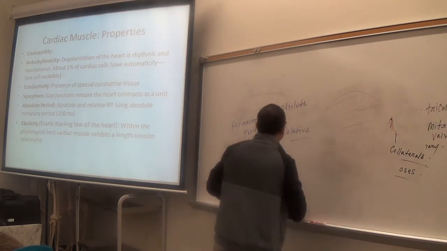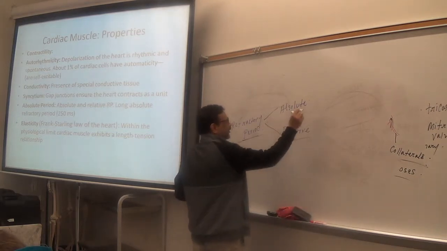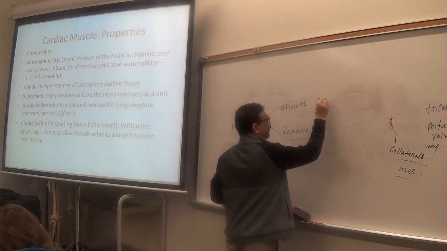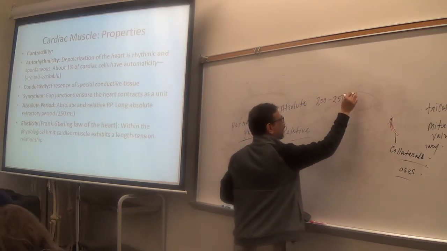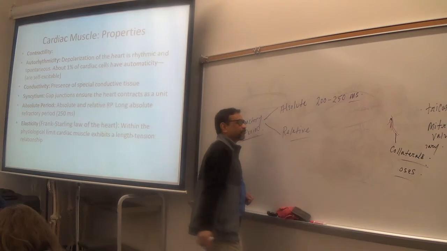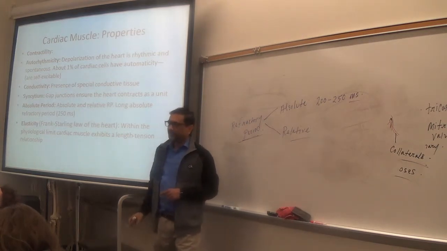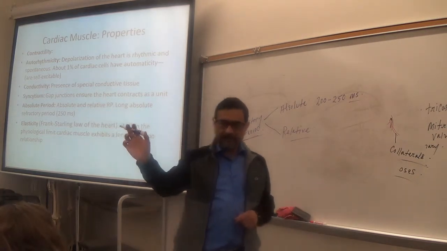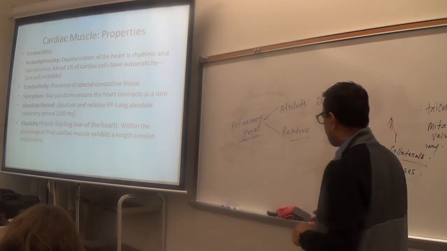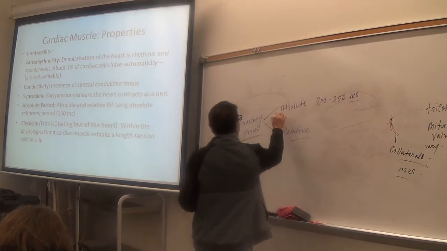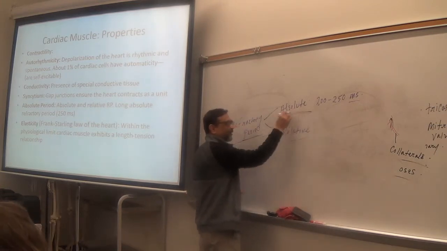Absolute refractory period or time is about 200 to 250 millisecond. That period is called absolute refractory period. What is this and what is this?